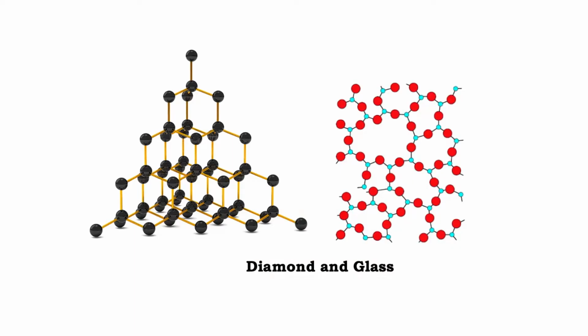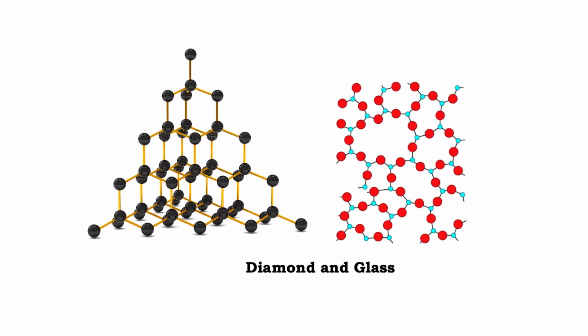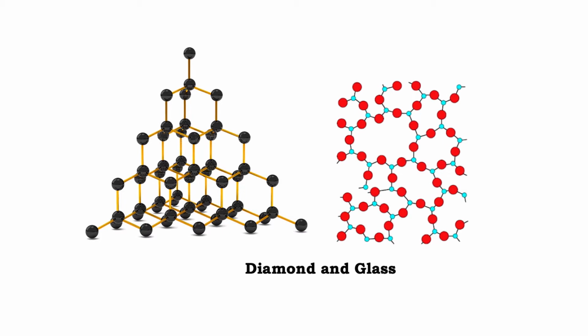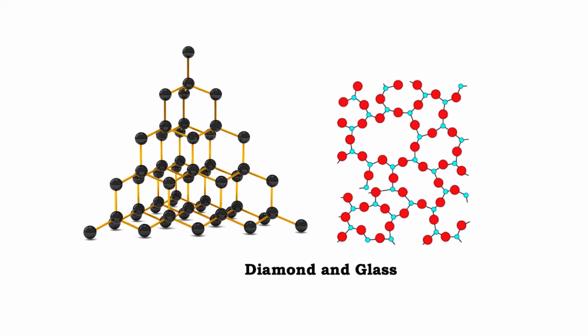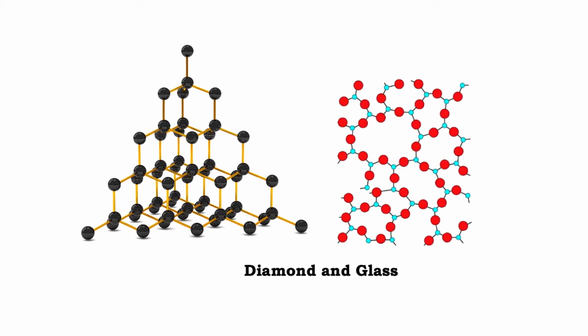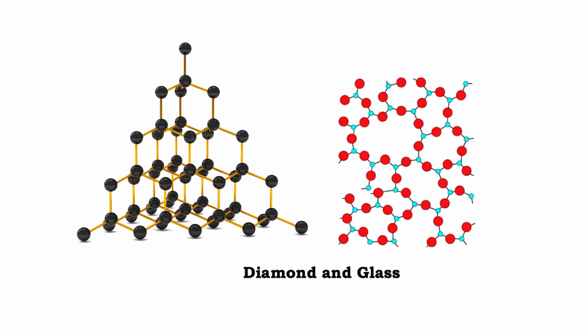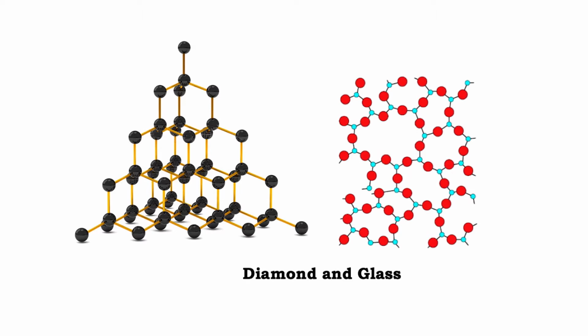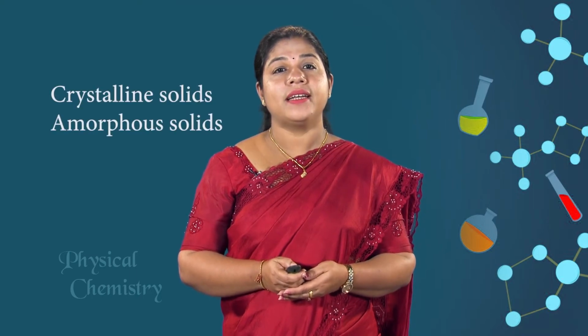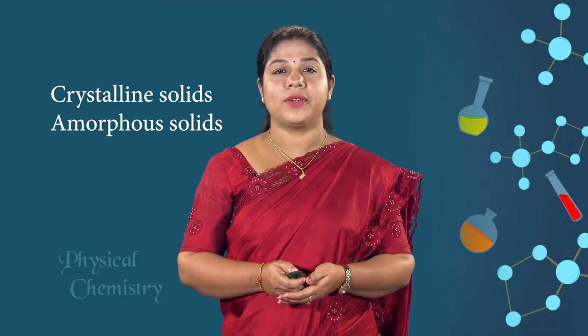If you look at diamond and glass, we can see that both are solids, but if you look at them at the microscopic level, we can see that there is a difference in the arrangement of constituent particles. In diamond, the particles are arranged in an orderly fashion, whereas in glass it is completely disorganized. So, based on the order of arrangement of constituent particles, we can classify solids as crystalline solids and amorphous solids.